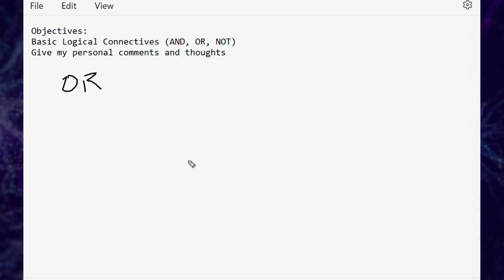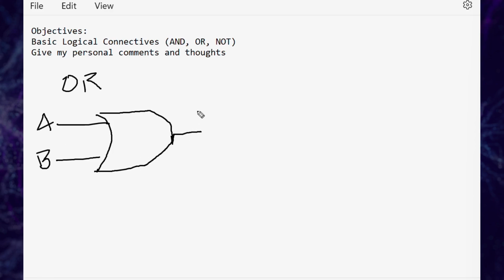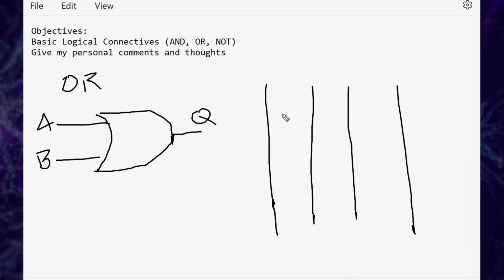For the OR logical operator, this is two inputs, A, B, and this is Q. Again, it's very important to know how to write the truth table where you have the inputs and this is the output.